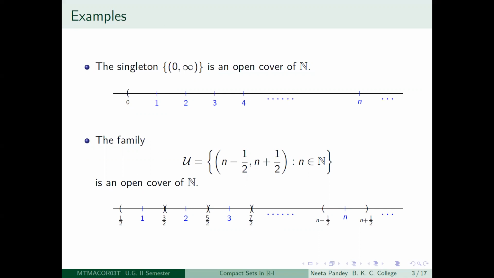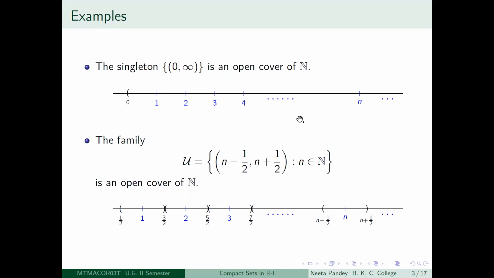So the first example is a very simple one. Just look at the positive real axis. That is, look at the open interval 0 to infinity. Then this family, so this is my family script U here, consists now of only one open set. And this open set obviously contains the set of positive integers as a subset, because what are positive integers?